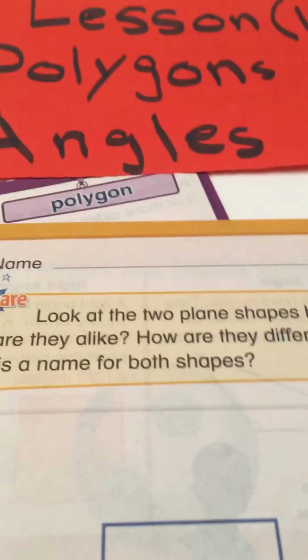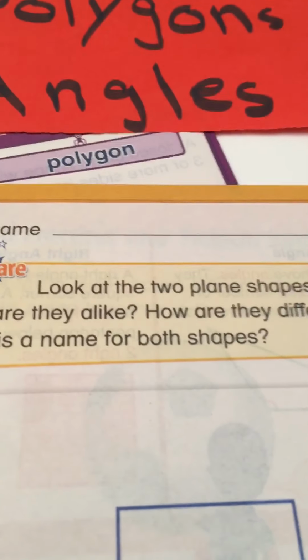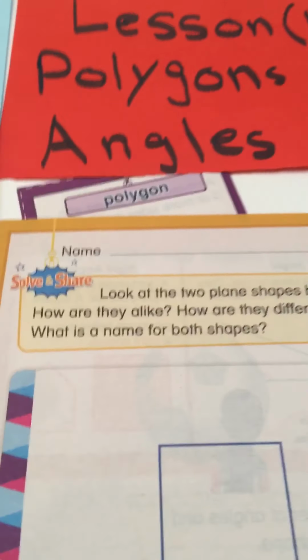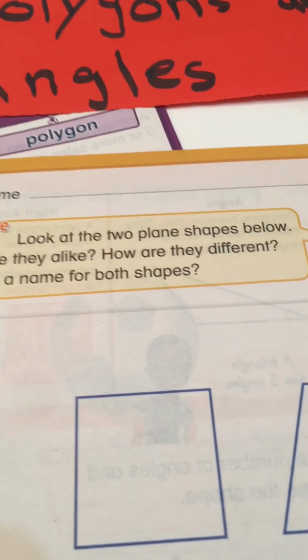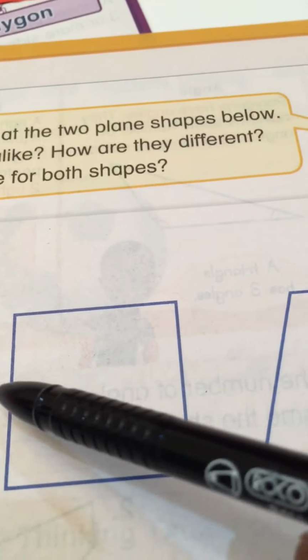So let's see our pages. Go with me all together to page 865, and they said look at the two plane shapes below. How are they alike and how are they different? What is the name of both shapes? If you look at this shape and this shape, both of them have 4 sides.